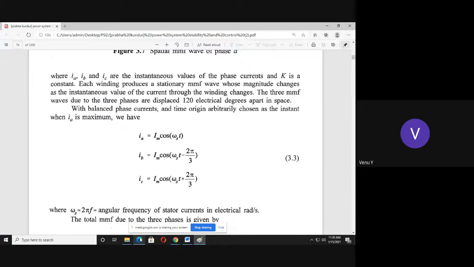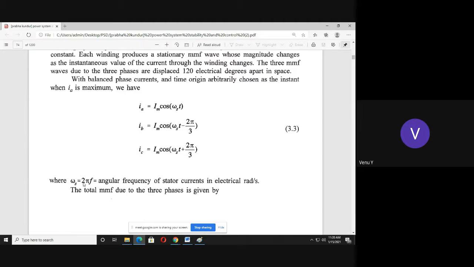The same thing is written here, where omega is equal to 2 pi f, the angular frequency of the stator currents in electrical radians per second. F is the frequency and omega s is the angular frequency in radians per second.